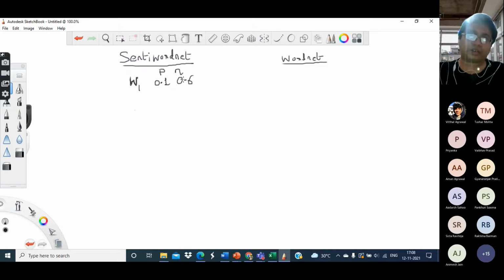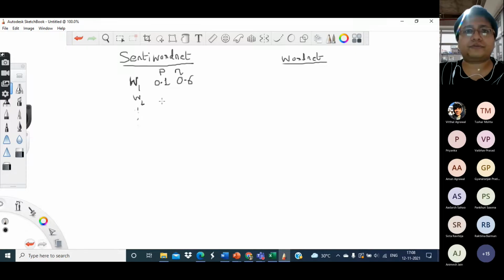These scores do not have any clear mathematical meaning, but you can interpret it in the following way: 10% of the times this word W1 is used in a positive sense, 60% of the time it is used in a negative sense, and the remaining 30% it is used in a neutral sense, and so on.